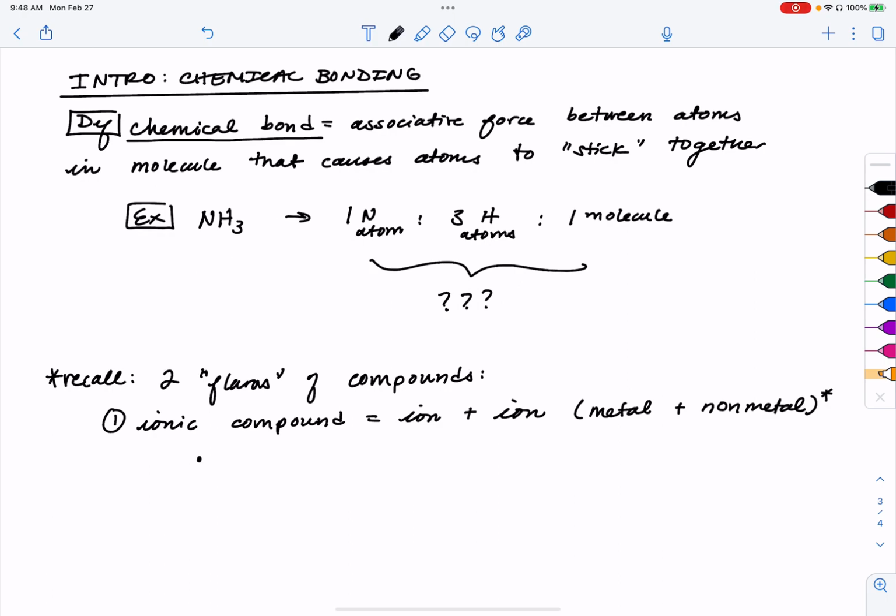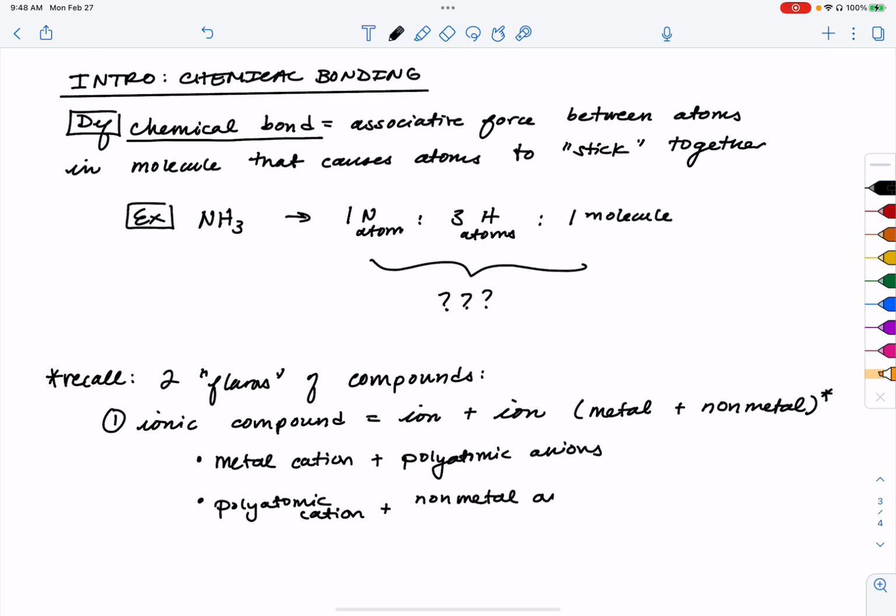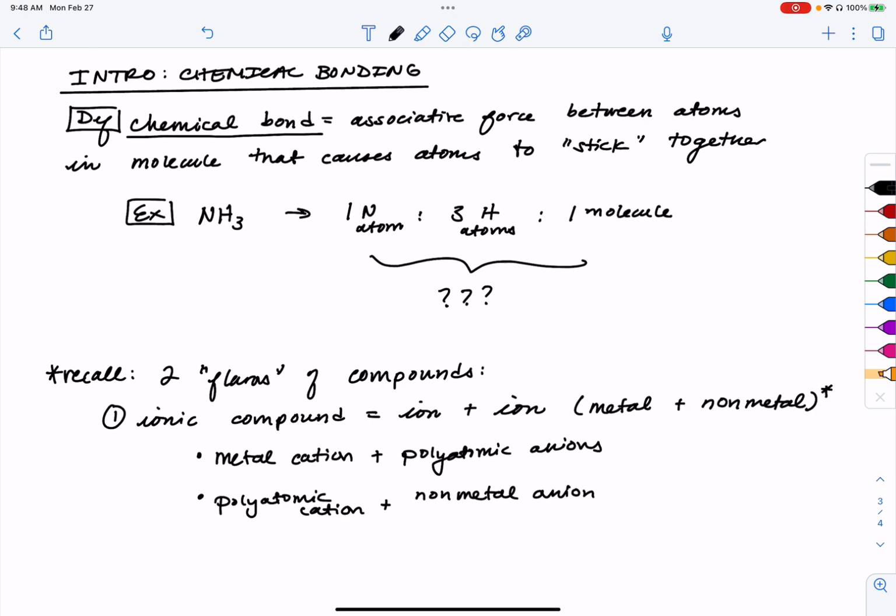Though we do see things like a metal cation with some of our polyatomic anions. We also see things like a polyatomic cation with some nonmetal anion.